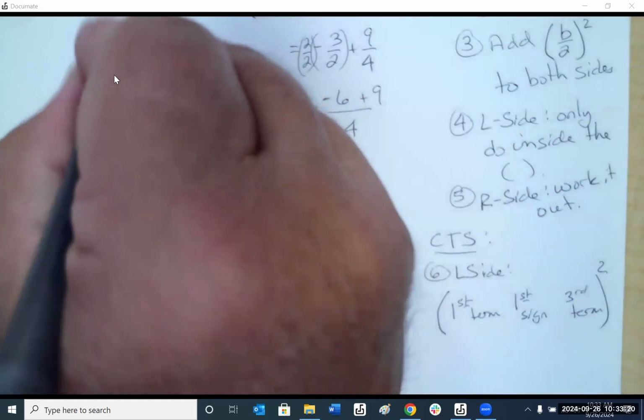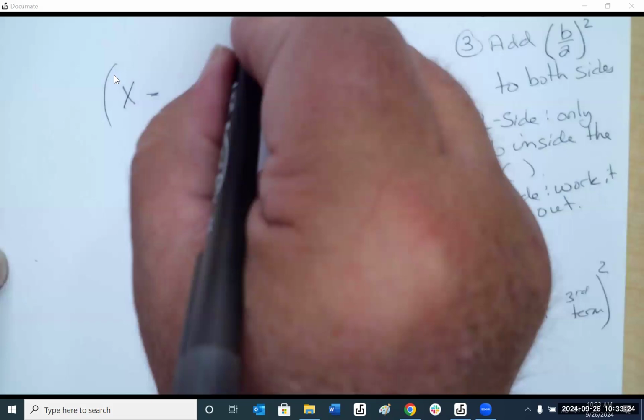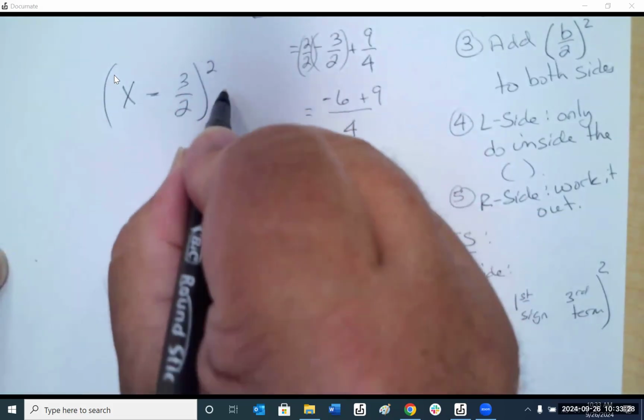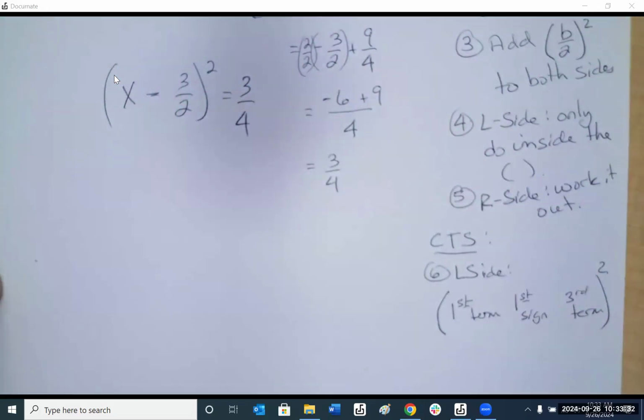So it's only whatever's under the square. So it's x minus 3/2 squared equals 3/4.